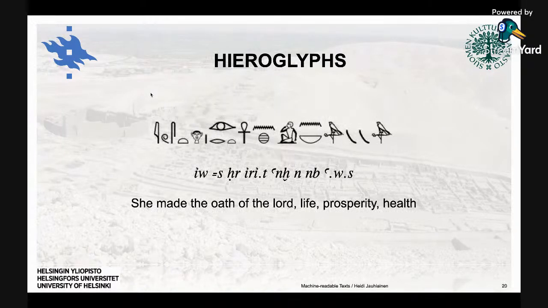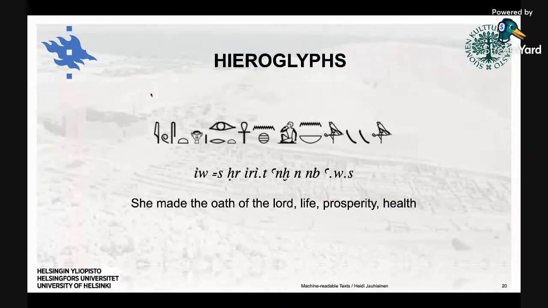Now, hieroglyphic text does not indicate word boundaries nor the end of a sentence. And as you have perhaps noticed, hieroglyphs were written in kind of boxes. A sign is often above another sign.